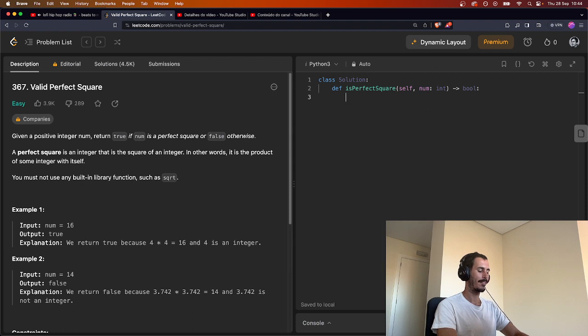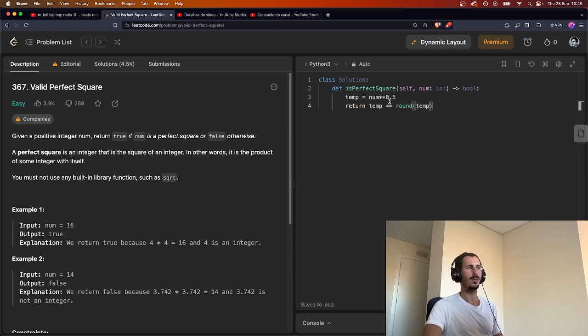So temp equals num to the power of 0.5. This is actually square root, and we return temp equals round of temp. If it's not a perfect square, the number will have a decimal part. Round removes the decimal part, and if it doesn't have a decimal part, it will be the same.